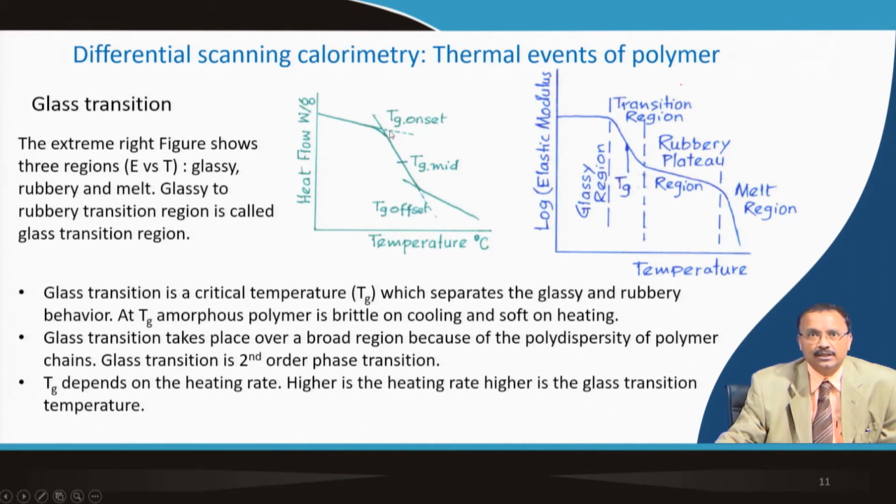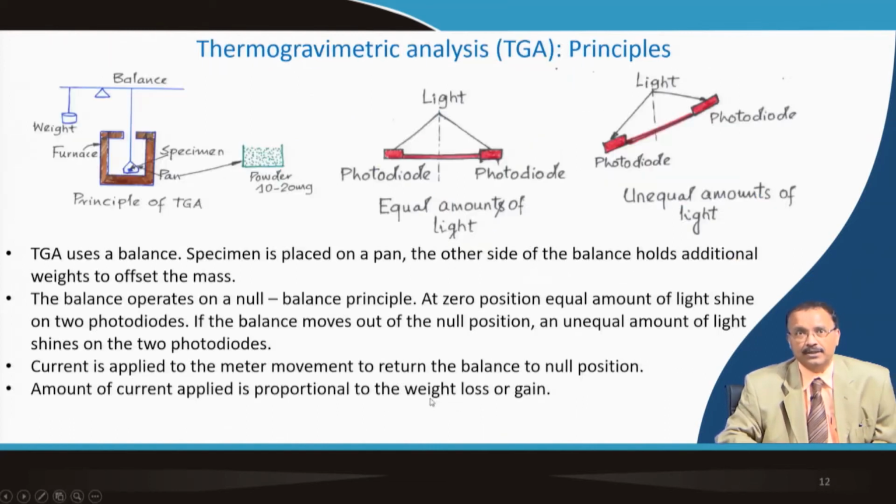The onset temperature can be identified, and also this temperature can be identified. In between, in fact, if you differentiate this plot, this in-between temperature is taken as the exact Tg of the polymer that is being experimented.